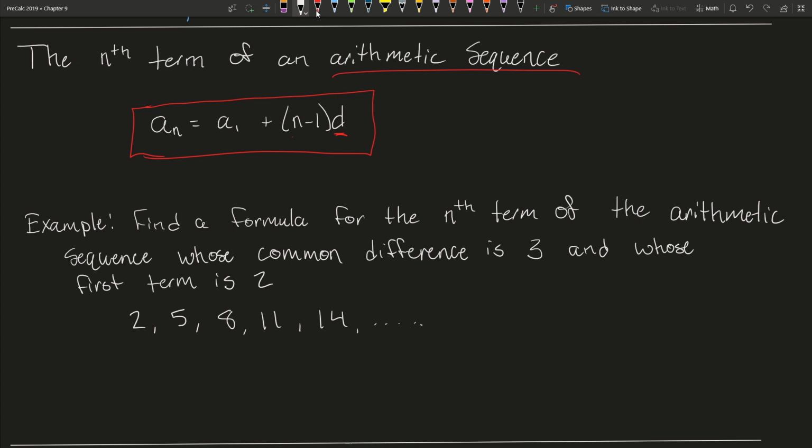In order to get the rule for that, all we have to do is take the first term, which is 2, plus n minus 1 times our common difference, which in this case is 3. And then we can simplify that.